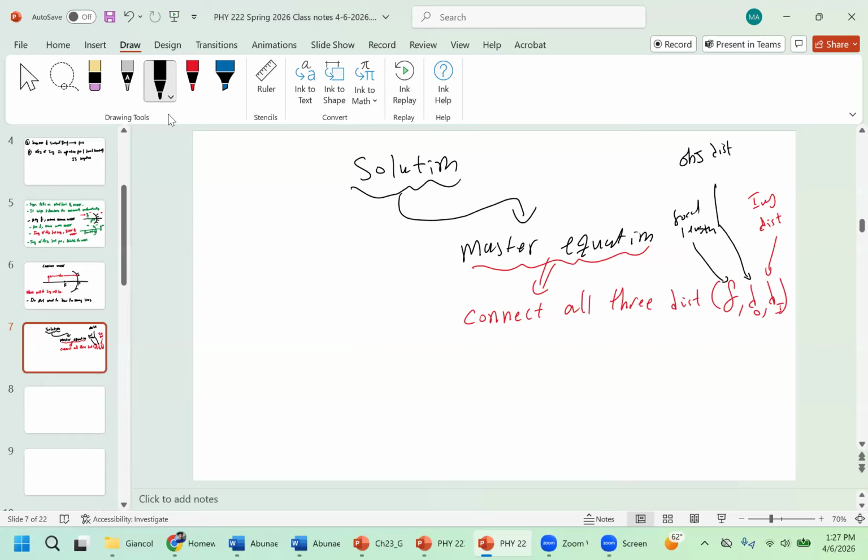Now, this master equation will work for all convex and concave mirrors.